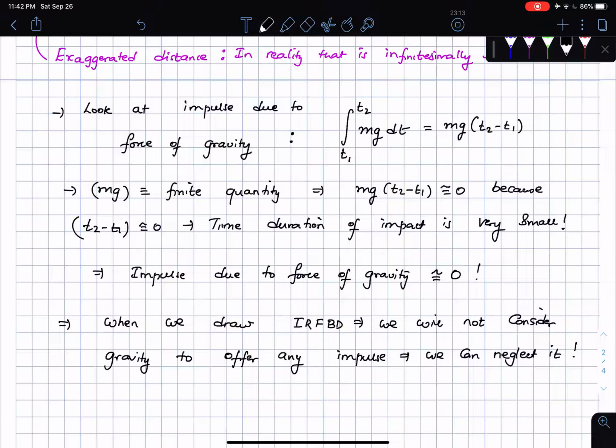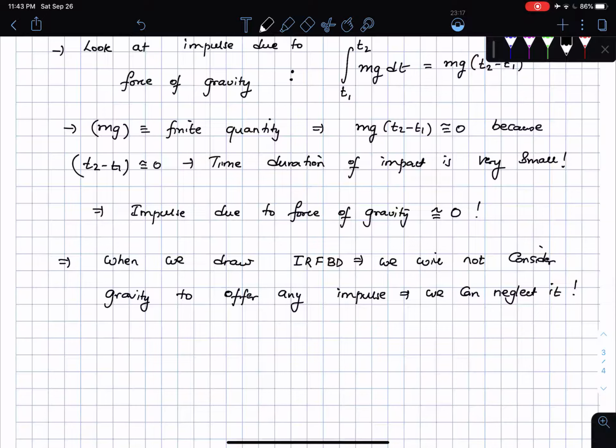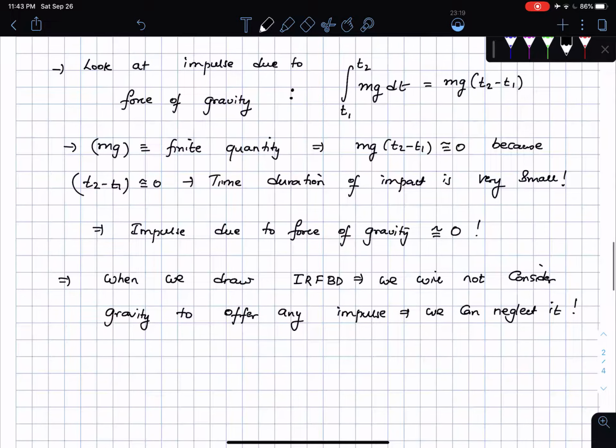This is an important statement, and I hope you understand why this is the case: the force mg is finite, so mg times a very, very small quantity is approximately 0, because the time duration of impact is very small, and so the impulse due to the force of gravity is approximately 0.